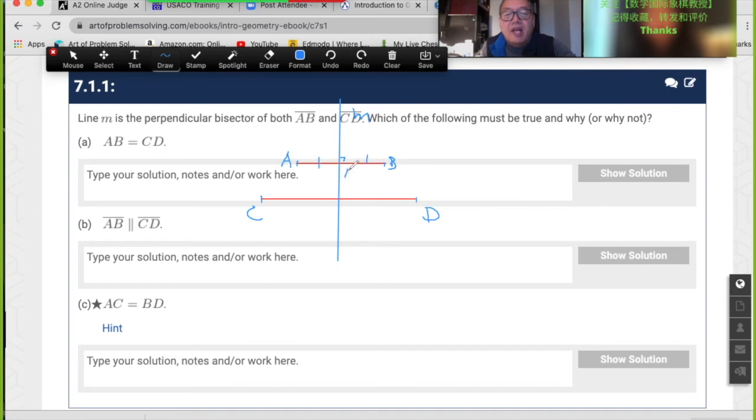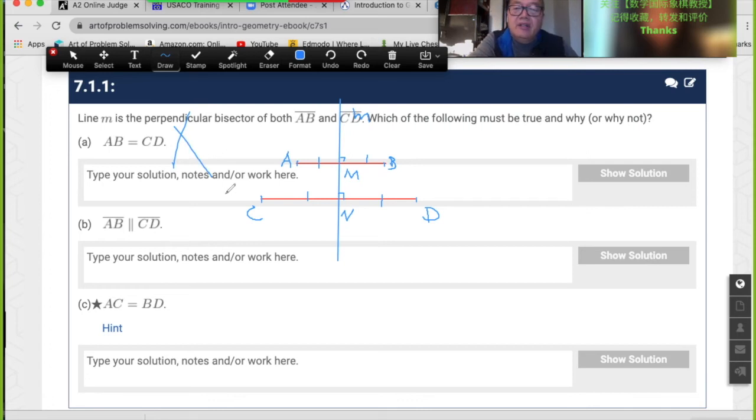Suppose this one is M, this one is N. Then AM equals MB, CN equals DN, but AB is not equal to CD. You can also change the length of segment CD to make CD equal AB, but you cannot guarantee AB equals CD. So that one is wrong. We cannot guarantee that.